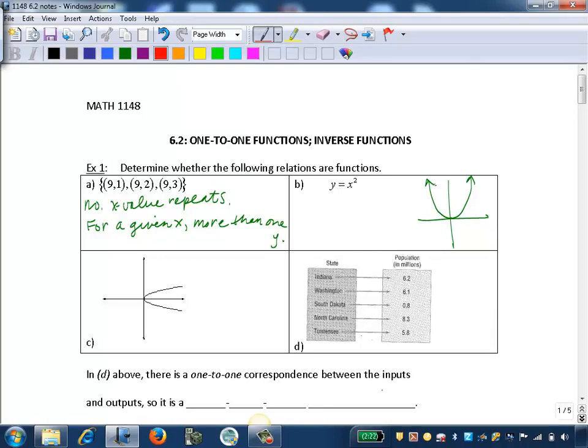So if we sketch a vertical line anywhere on this graph, it's only going to hit that graph exactly once. It won't hit twice. So that means this is a function. So we say yes, because it passes the vertical line test.